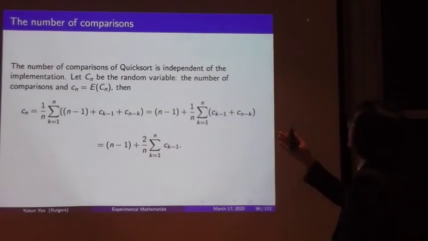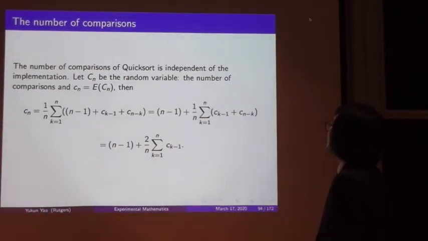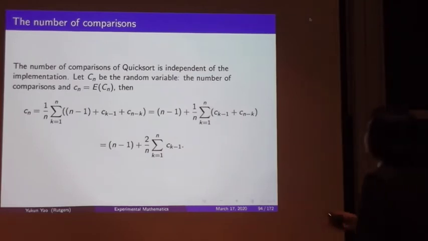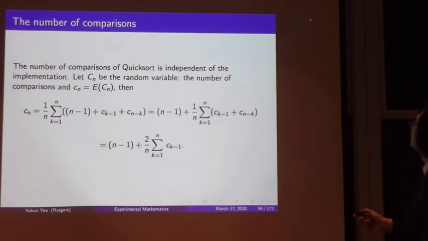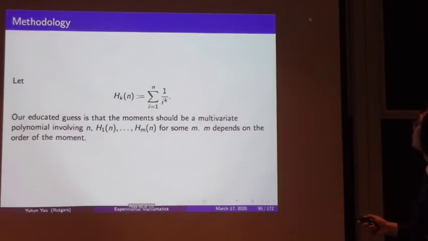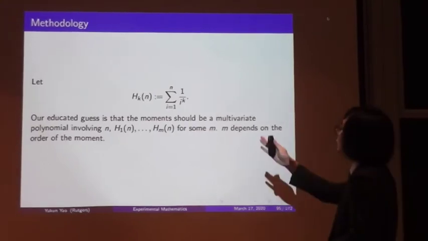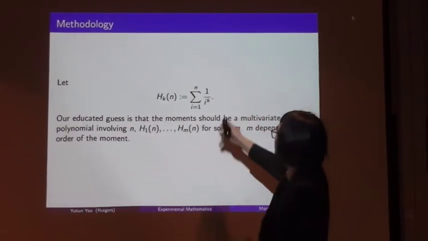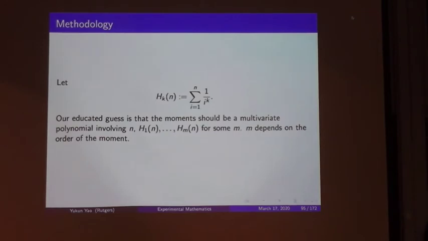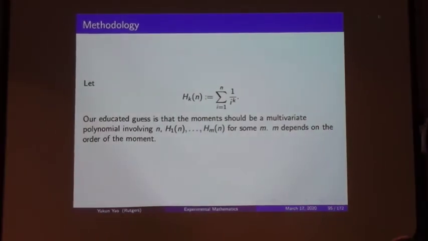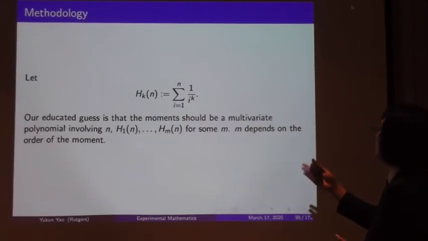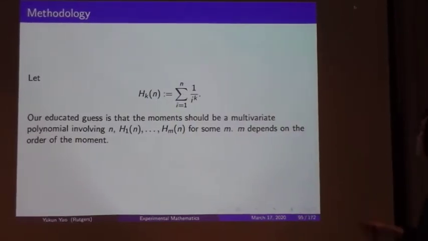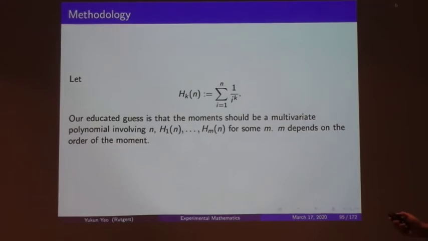So if we define Cn to be the random variable, the number of comparisons, and the little cn is its expectation, we have this recurrence relation for little cn. So we define fk of n to be this summation, and our educated guess is that the moment should be a multivariate polynomial involving n, h1 of n up to hm of n, for some m, and m depends on the order of the moment.